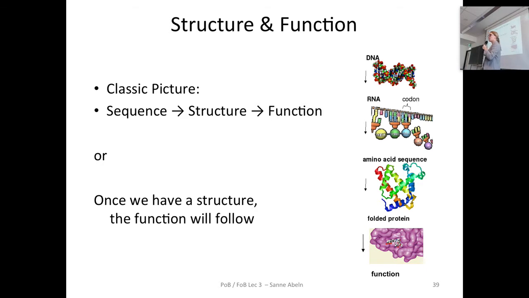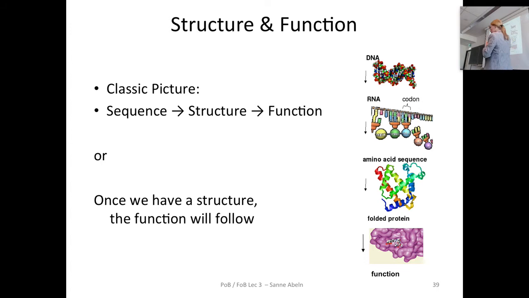Does anyone know any exceptions to this? About 30% of the sequences in our own proteome don't actually fold at all, but that's something we'll see in later courses. There are hugely large unstructured regions.